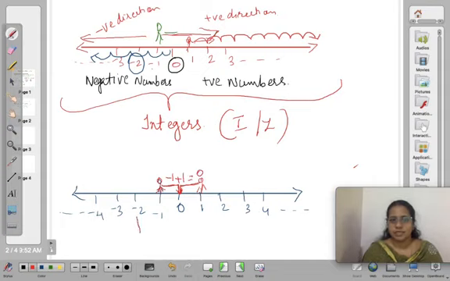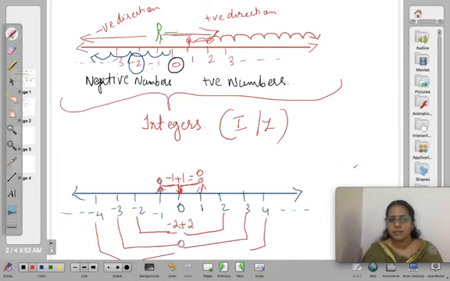Negative 2 plus positive 2 is 0. Negative 3 and positive 3, it will be 0. Negative 4 plus positive 4, 0. Clear? Okay, good. Some properties of integers: every positive integer is greater than a negative integer. So let me check.